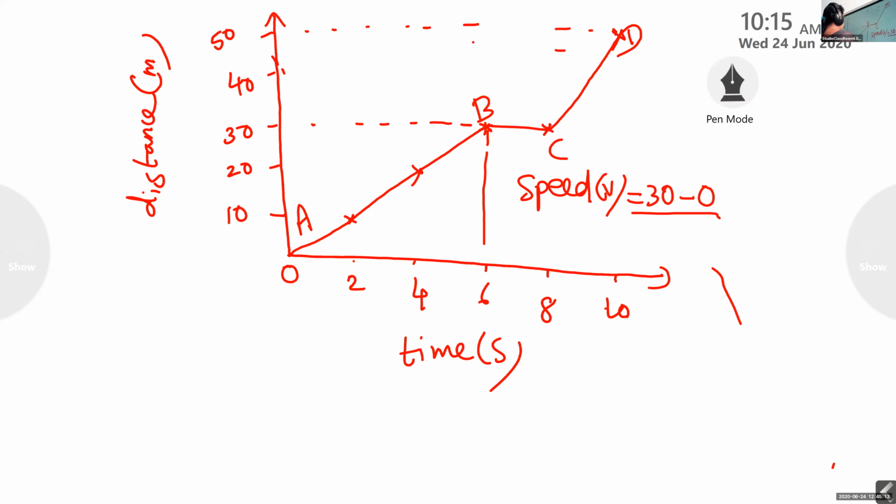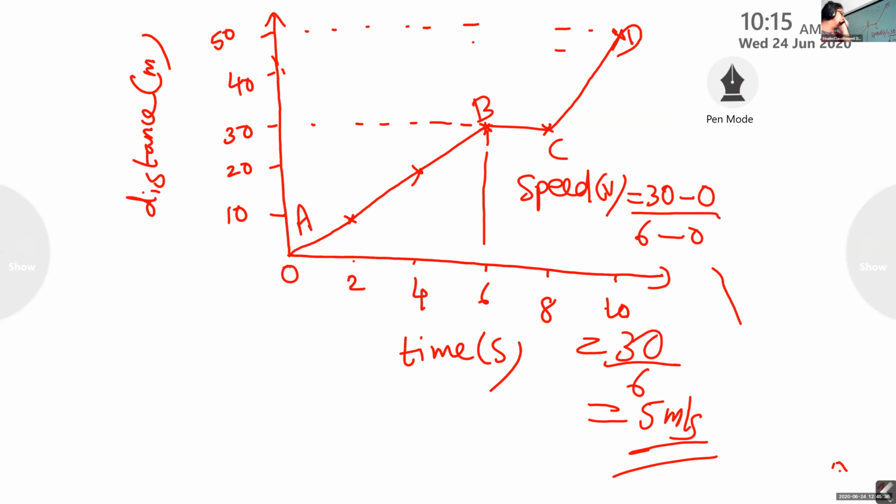What time did the vehicle take? 6 seconds. 30 minus 0 by 6 minus 0, you will get 30 by 6. So what is the speed now, children? 5 meter per second. Very good.